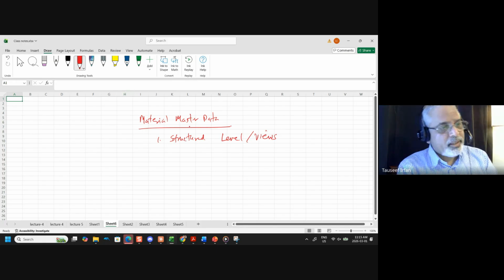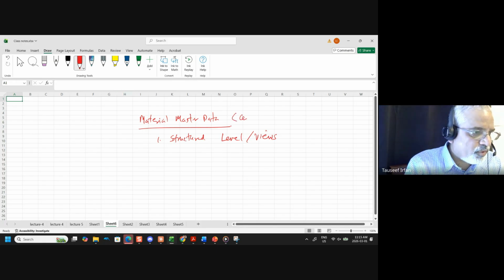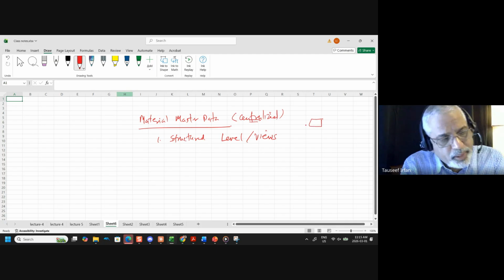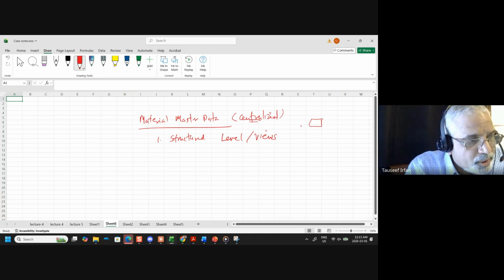Material master data is centralized and very important. In S4HANA, this is the core. I tell you, we will spend at least another lecture, two more hours in detail, to get this whole thing done. We will not rush, because this is centralized data used by everybody.